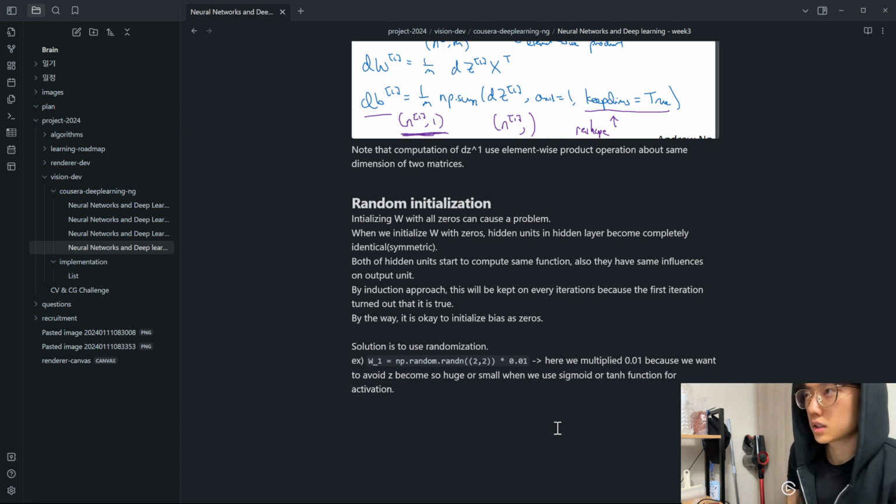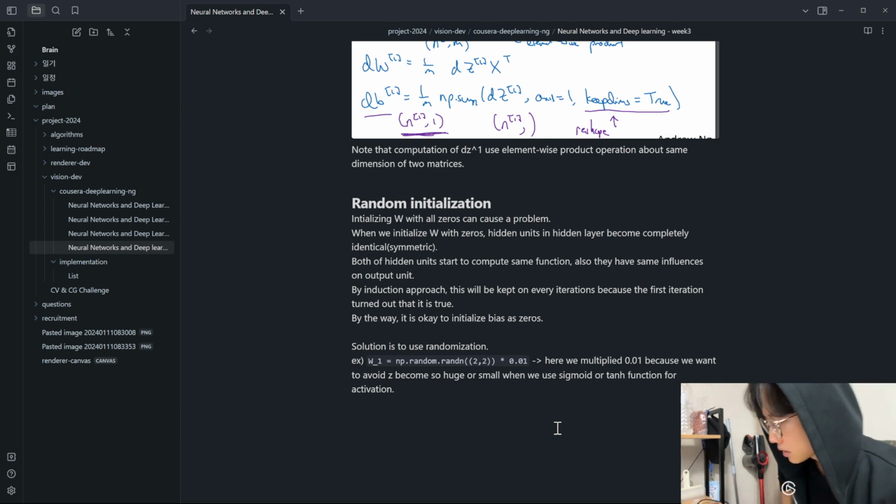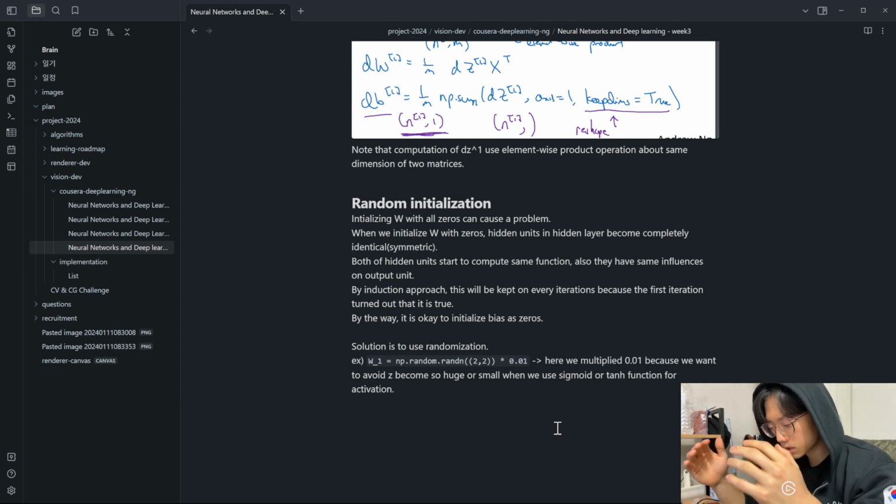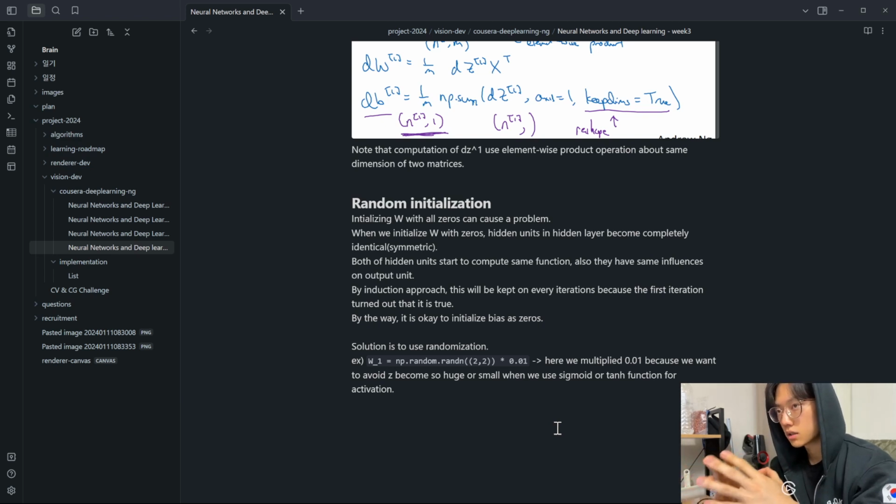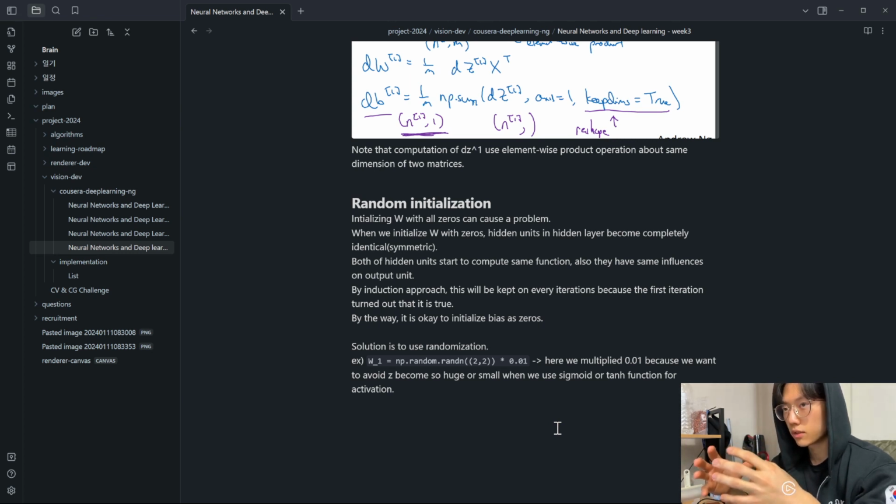When we initialize W with all zeros, all hidden units in a certain hidden layer become completely identical, which is called symmetry. All hidden units compute the same function, and they also have the same influence on the output units.